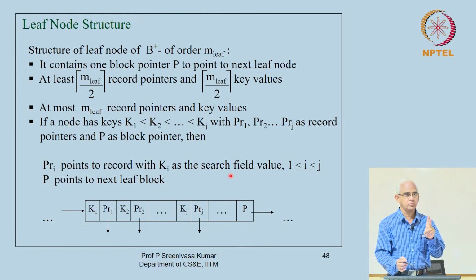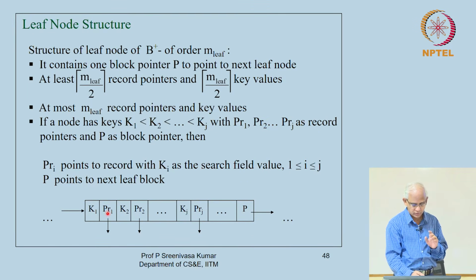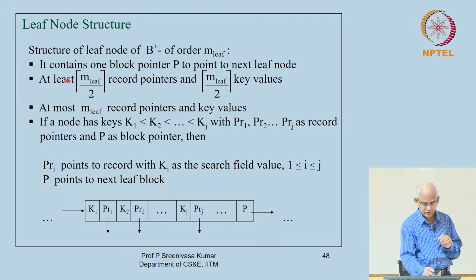The key value and the pointer to the actual record in the disk blocks, that is, the record whose value is equal to this key. So, K1 PR1, K2 PR2, Kj PRj, and the restrictions are like this.